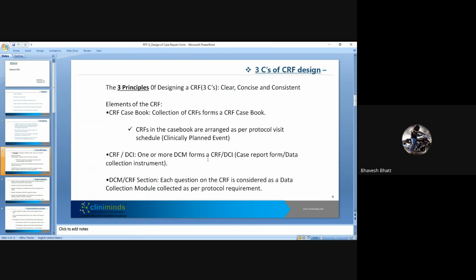All the CRFs that are required for one particular patient throughout the study is something which you would define as a CRF casebook. So when we combine all the CRFs arranged as per the clinically planned events, or as per the protocol visit schedule, that is how the CRF casebook would be designed.